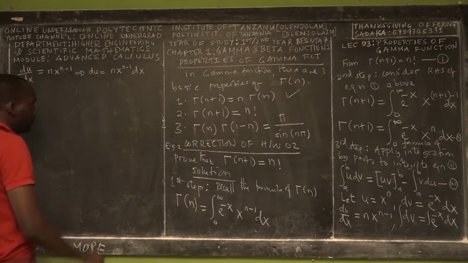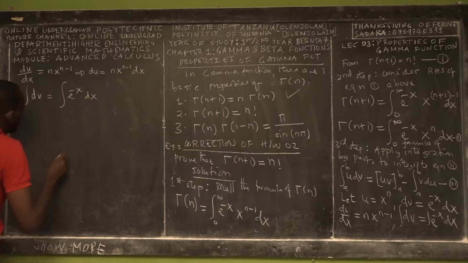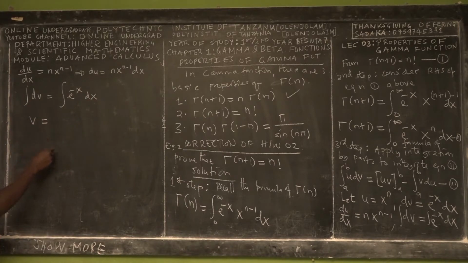Remember that this is a very important expression. Then we integrate dv, which is e to the power negative x dx. If you integrate dv, we get v equal to negative e to the power negative x.